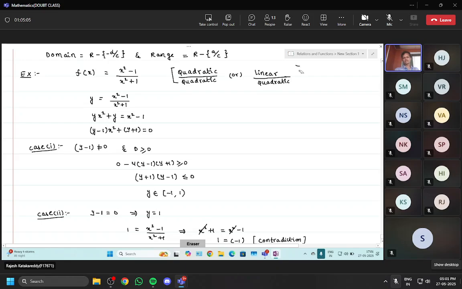I think quadratic by linear, we will use the long division method and we'll factorize it.